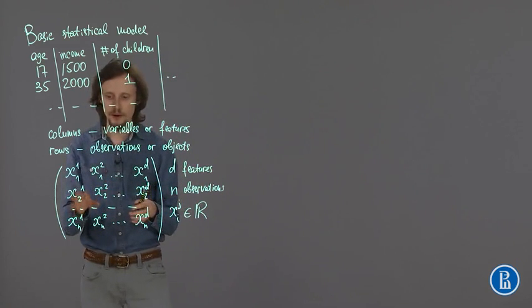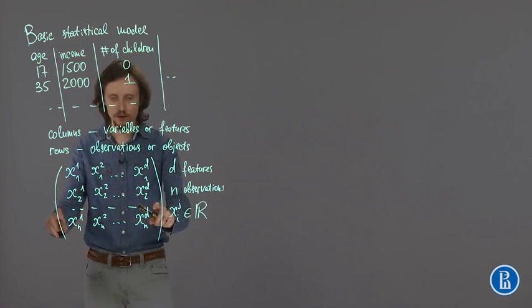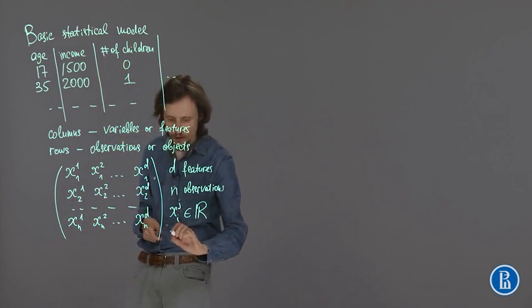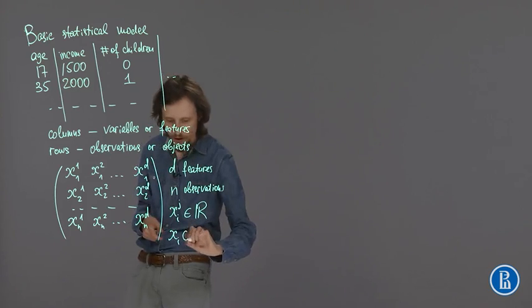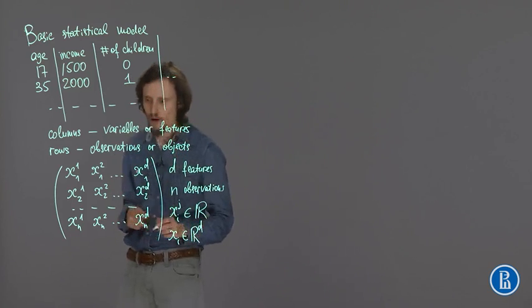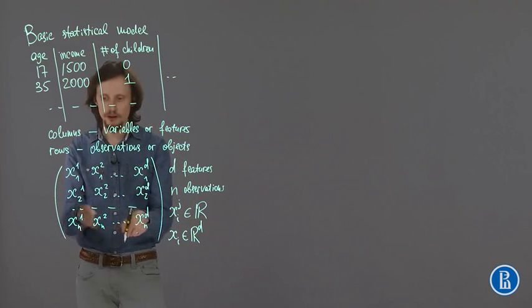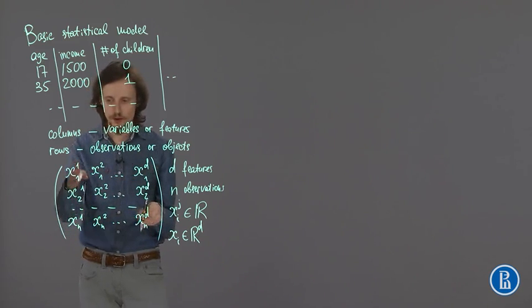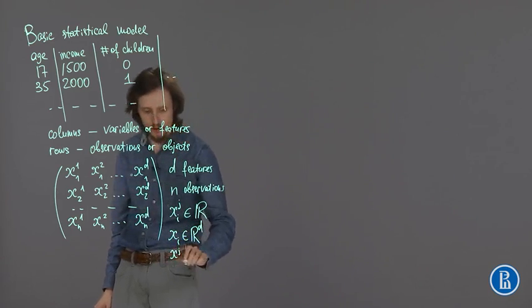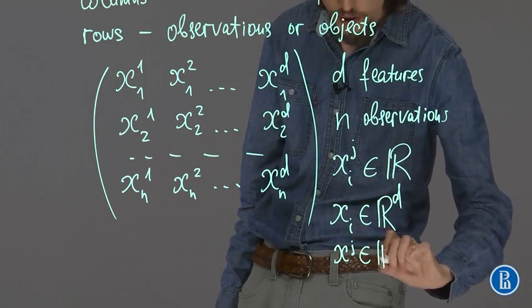In this case, we can consider this matrix either as a collection of rows, and each row is a d-dimensional vector. So we will denote this by xi, and xi is the i-th observation, and it is a d-dimensional vector. Or we can consider this table as a collection of its columns, and each column is an n-dimensional vector. So we can denote it by x with upper index j, and this is an n-dimensional vector.